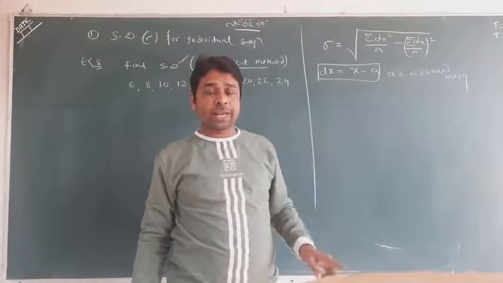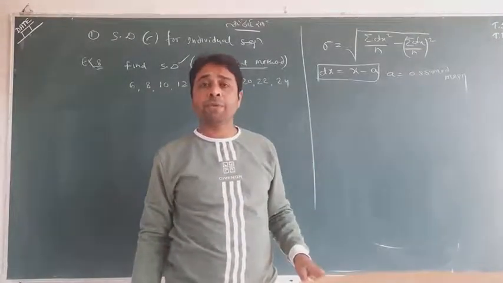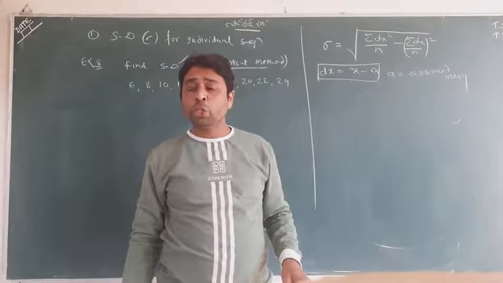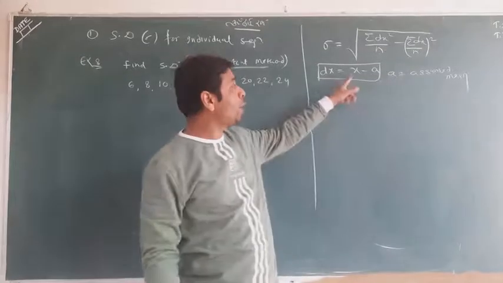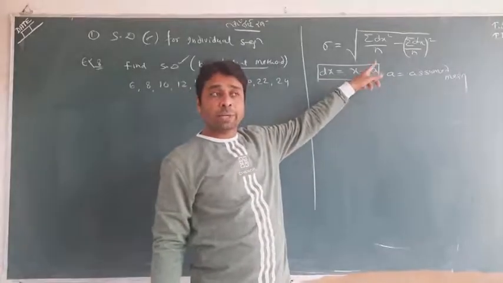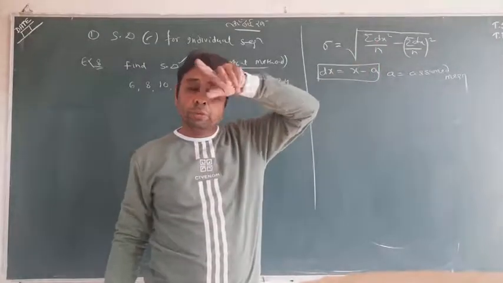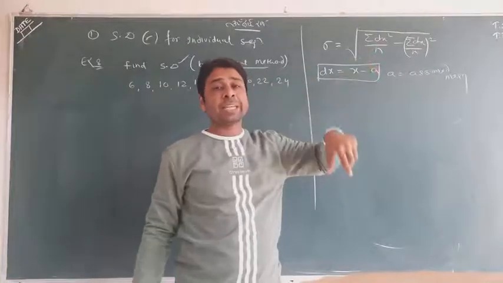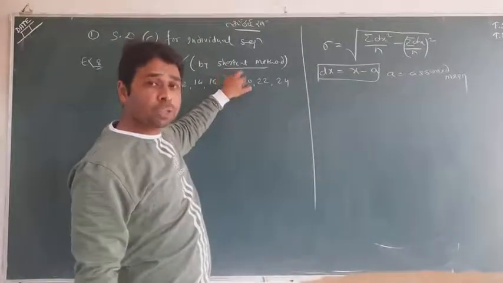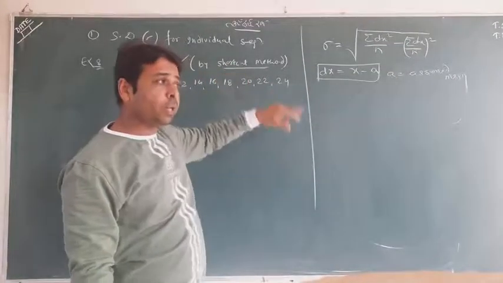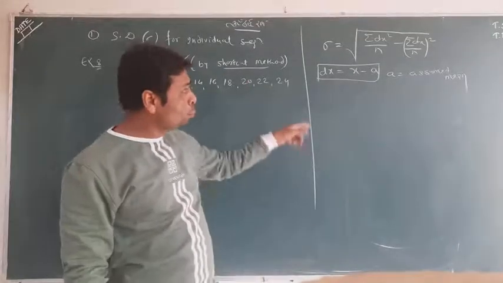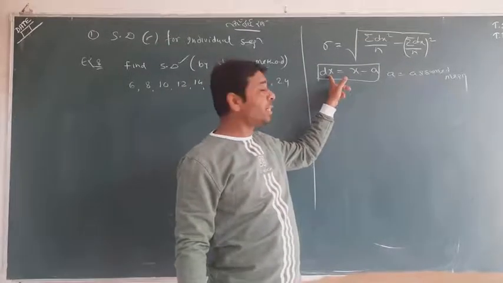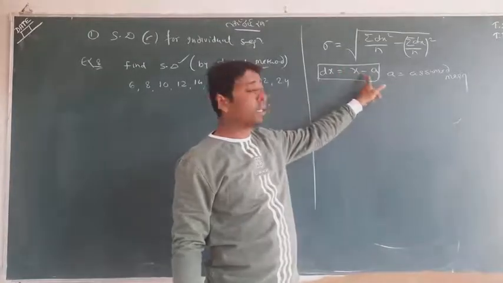Till yesterday we had seen mean deviation from mean, where I took x minus x bar, and mean deviation from median, where I took x minus median M. But when the shortcut method is used, remember that your dx is a deviation which is always x minus assumed mean a.